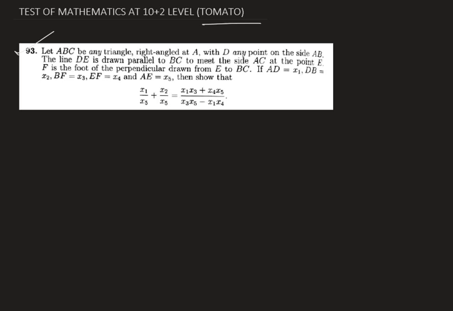Here we are given a triangle ABC, which is a right angle triangle at A, and D is any point on the side AB. So first of all, we draw a right angle triangle named ABC, and D is any point on AB.